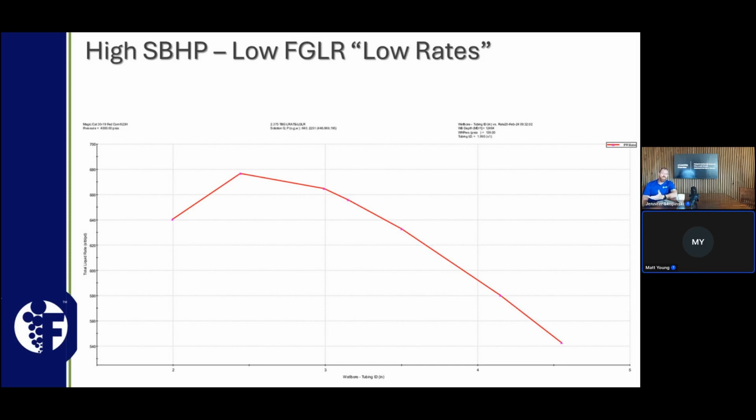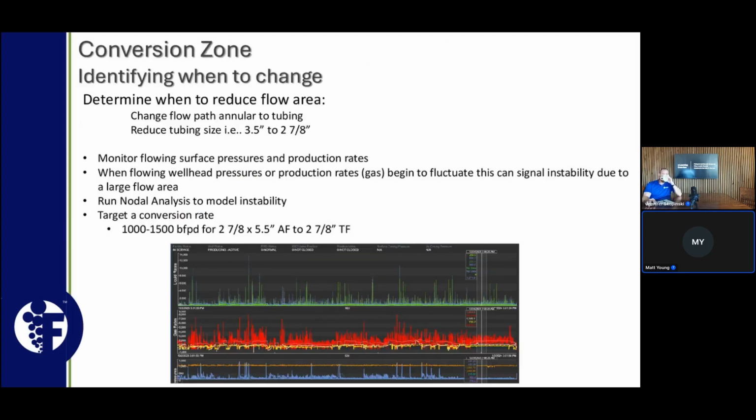That can be as simple as an Excel program if you have somebody in-house that can build that, or there's a ton of commercial software out there, such as Prosper, SNAP, WellFlo, just to name a few, that can build these hydraulic models for you. So the preferred method is, of course, to run those hydraulic models, but then you can always revert back to the good old oil field rules of thumb.